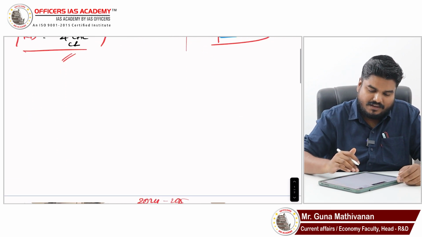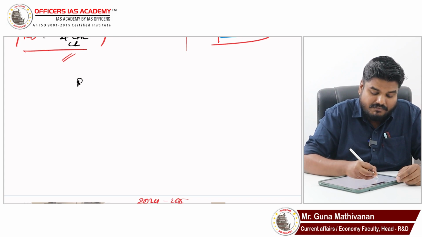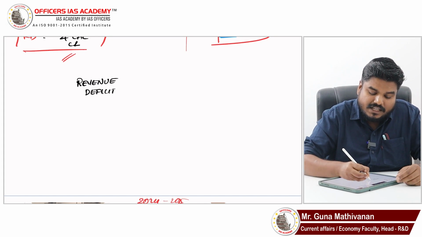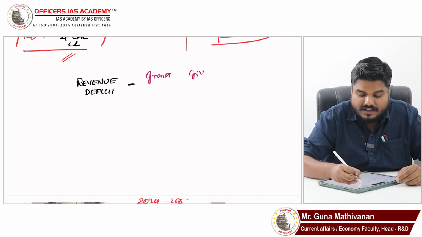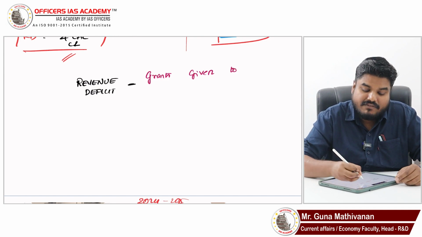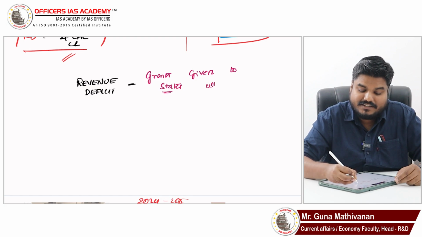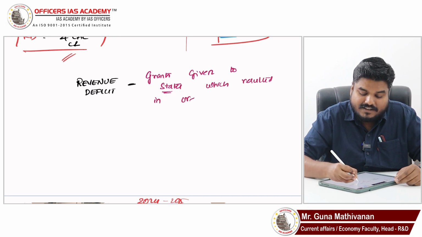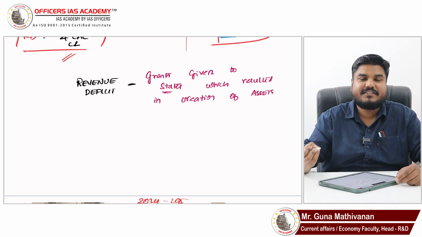So what we are going to do is, from our revenue deficit, let us remove those grants given to states which resulted in creation of assets.